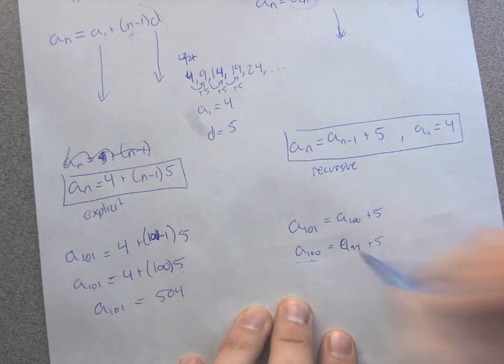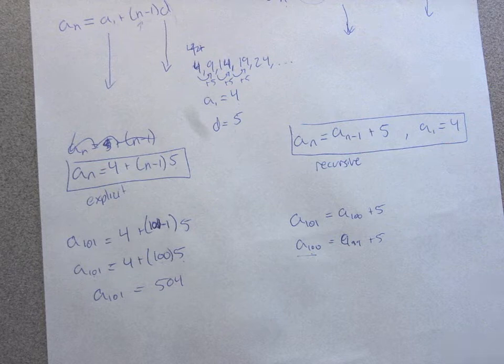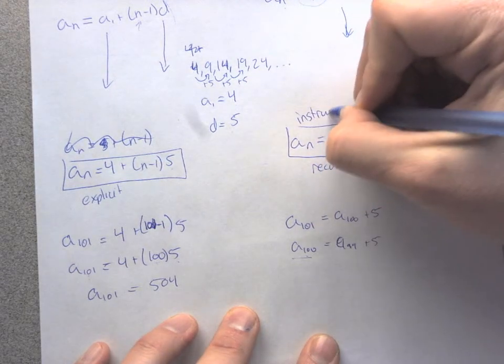I don't know what a of 99 is. So the problem with the recursive formula is you can't jump to a number way down the line. You can with explicit. So a lot of students ask, what's the point of recursive? Recursive formula is really more of a way to build a sequence. This is instructions for building a sequence. So make that note to yourself.